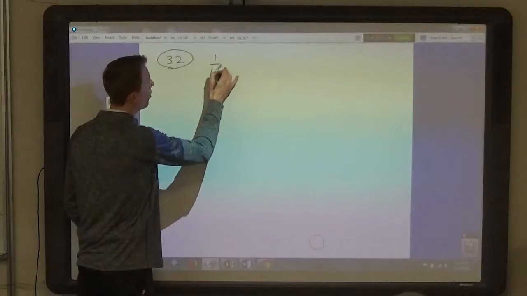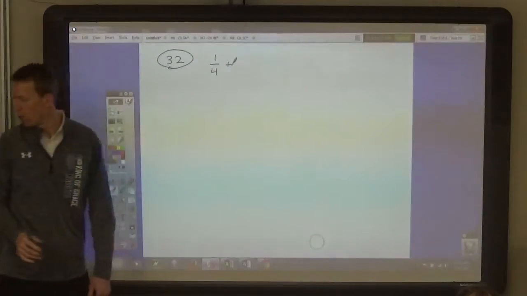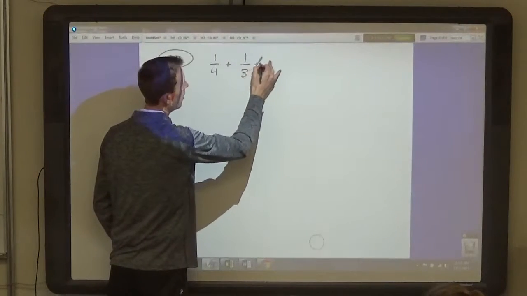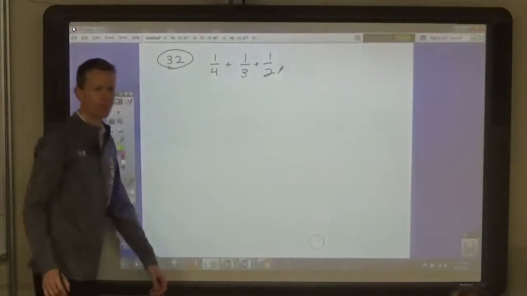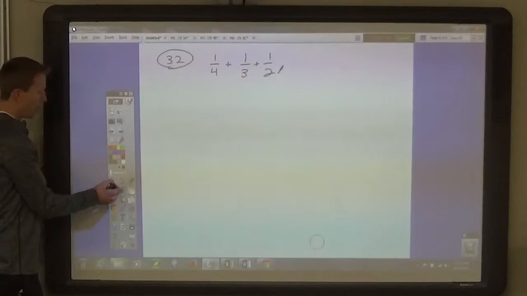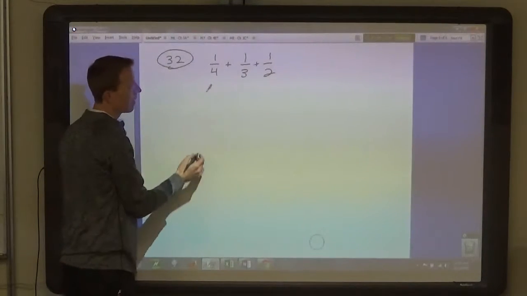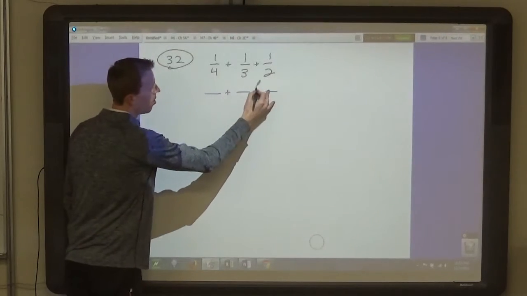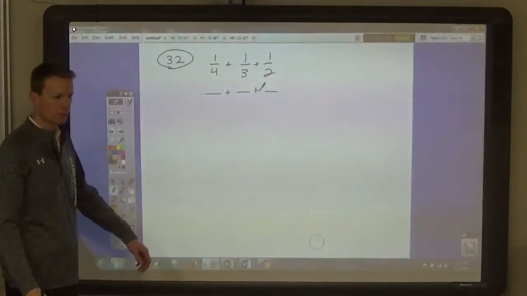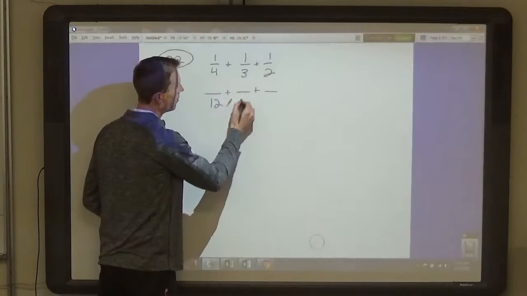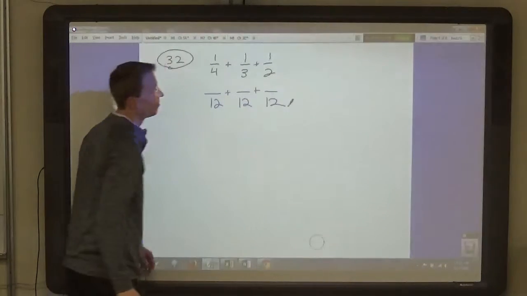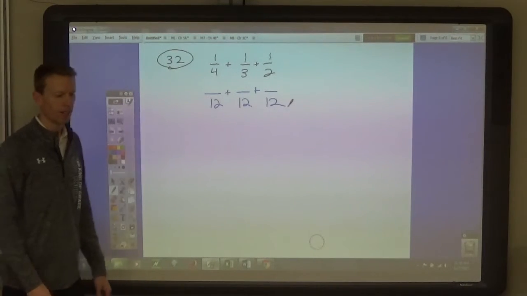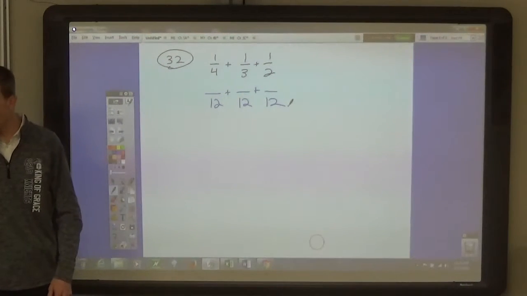So 1/4 plus 1/3 plus 1/2. Now, right below it, put the equivalent fractions, and what can all of these numbers go into? 12, good. And then just add them together, right? Okay. Any questions on using a common denominator?